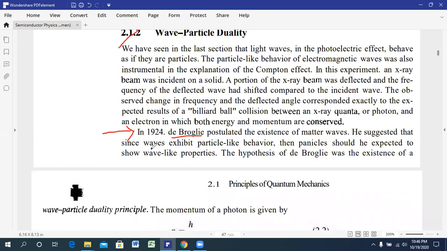He suggested that since the wave shows particle-like behavior, we expect that the particle should also behave like a wave, vice versa. If a wave-like thing is described by a particle, this particle should also be explained by a wave. This postulate is known as wave particle duality.